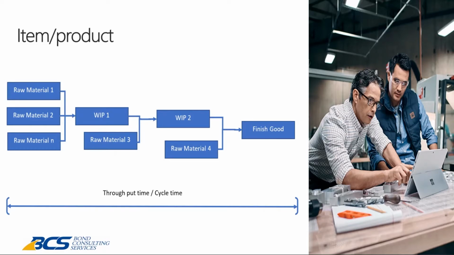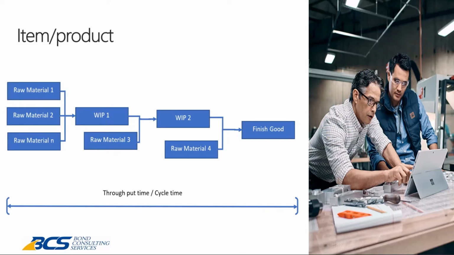At the next level, WIP 1 combined with raw material 3 becomes WIP 2, work in progress 2. So you can have multiple levels of bill of materials, a combination of your raw materials and work in progress, and then your finished good is produced. The time taken from the raw material to the finished goods is called throughput time or cycle time.